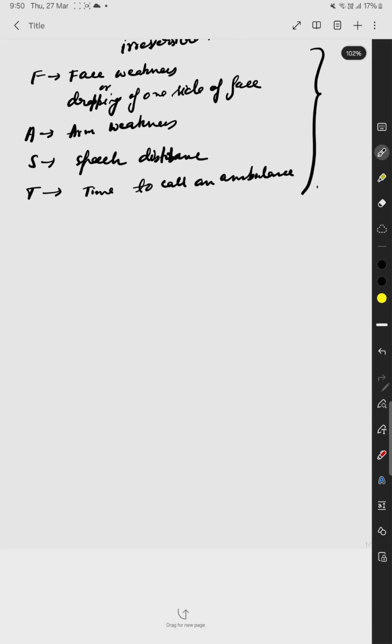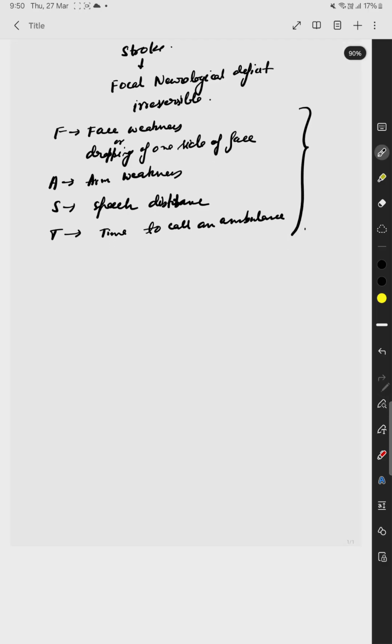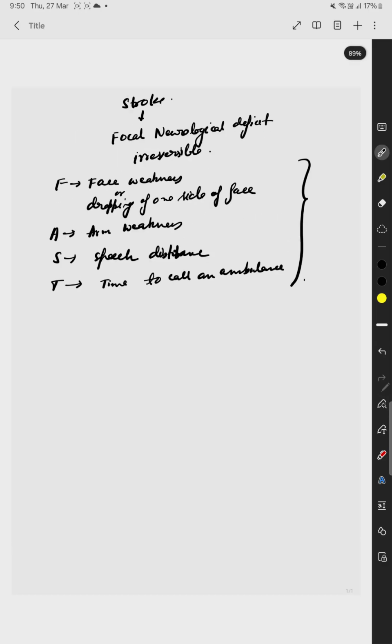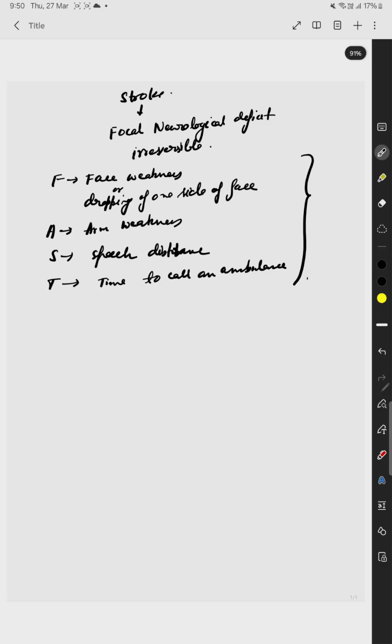This we all know, okay? So if it is a focal neurological deficit and irreversible, then we call it a stroke.